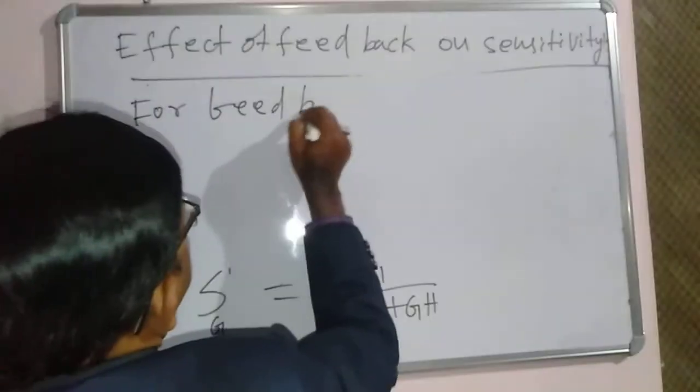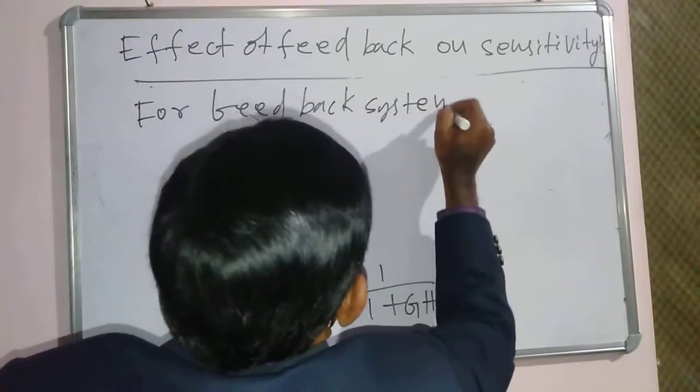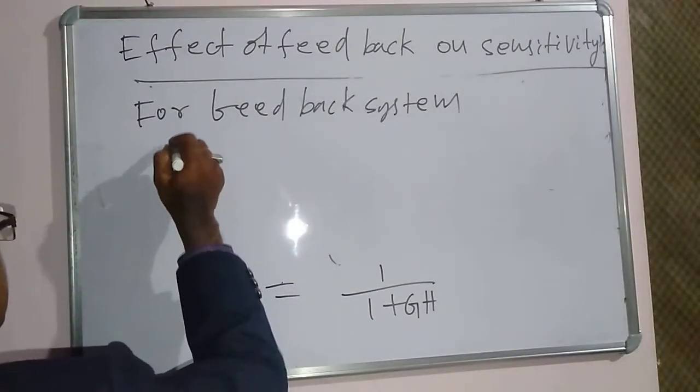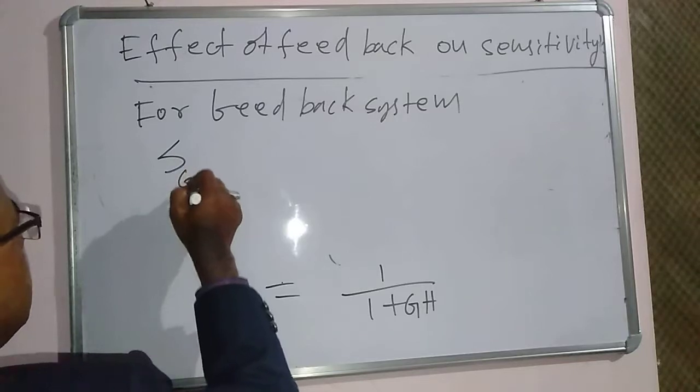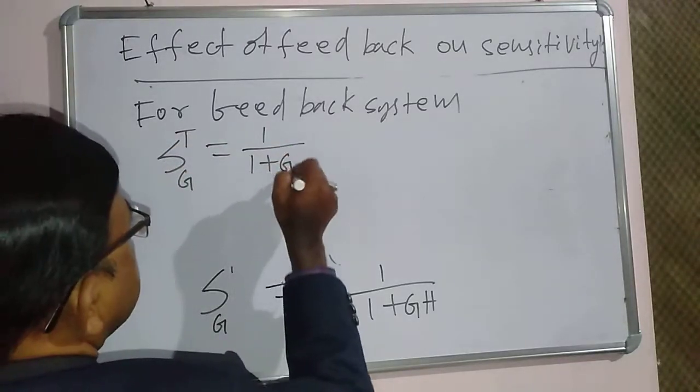For a feedback system, the sensitivity S is equal to 1 by 1 plus GH.